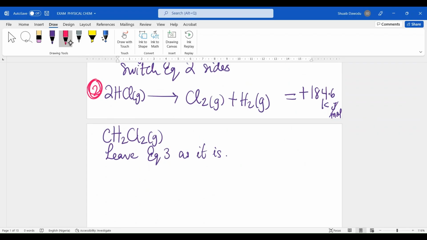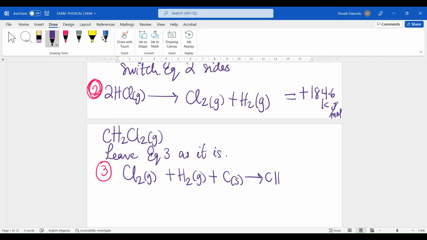So what you end up with is this: chlorine gas plus H2 gas plus C solid will give you CH2Cl2 gas. So what you end up with is negative 124.3 kilojoule per mole. So that's it. That is literally the answer.